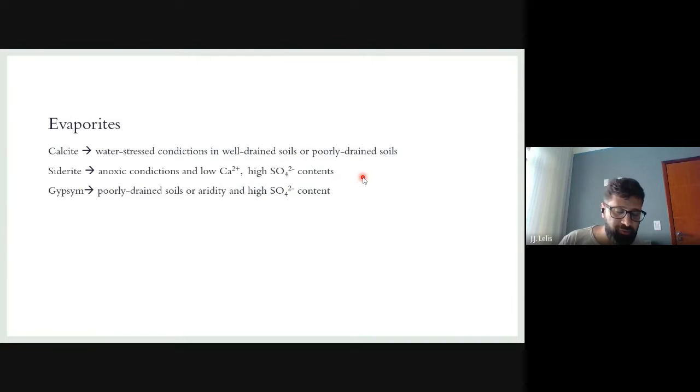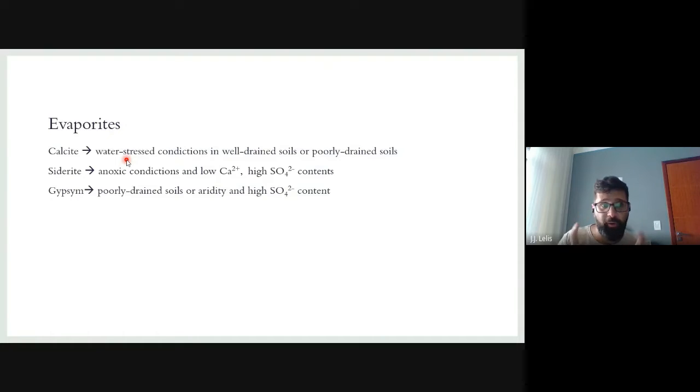For example, if I find some calcite nodules or crystals, calcite is calcium carbonate, so it tells us that the material was formed in water-stressed conditions, in an area with dry conditions, when the evapotranspiration is higher than the precipitation.